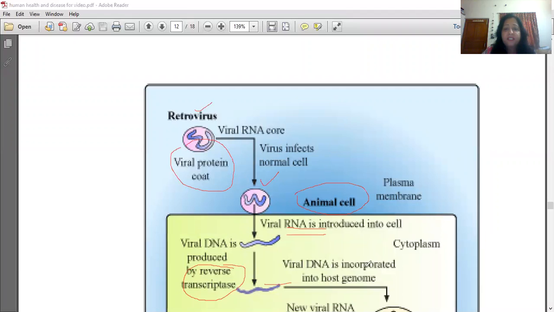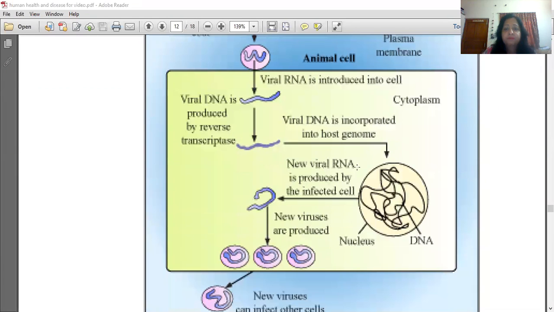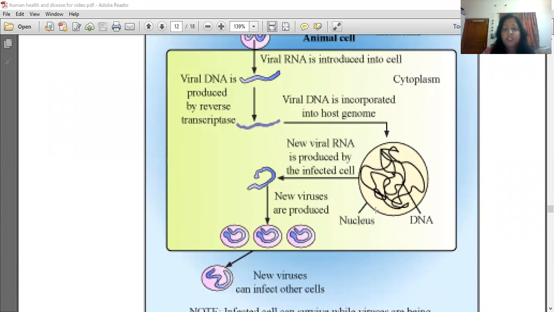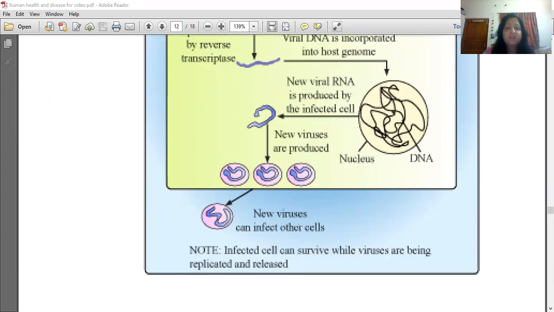This viral DNA is further incorporated into the host genome, and new viral RNA is produced in the infected cell. Now these new viruses are produced, and these new viruses can infect other cells also.